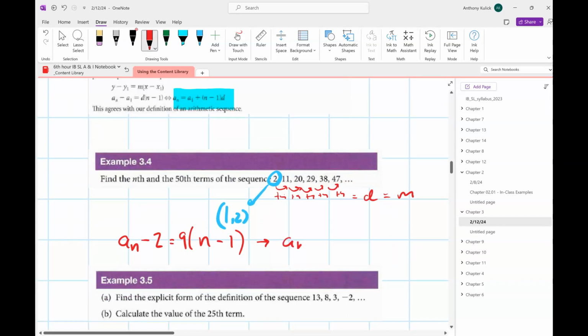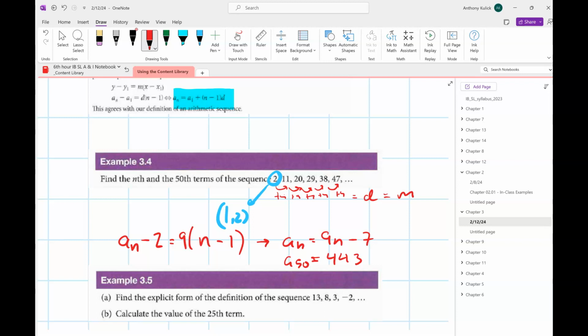Or if I add everything over and distribute the 9, I have that. So a sub 50 is going to be 443 when I plug that in.